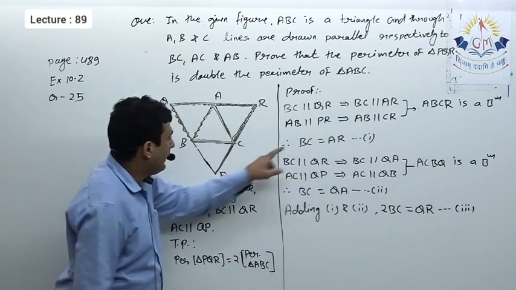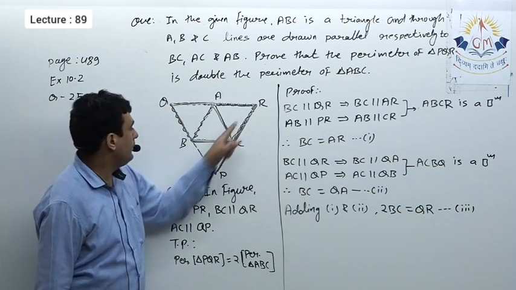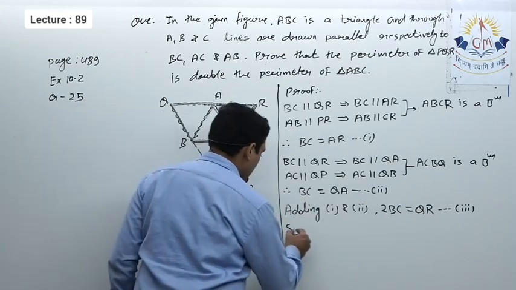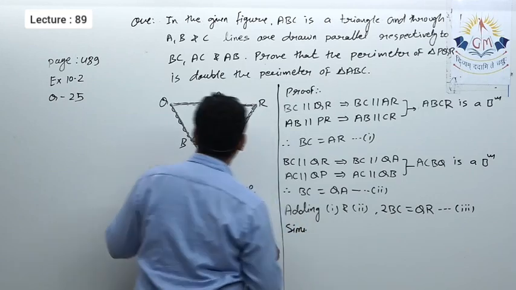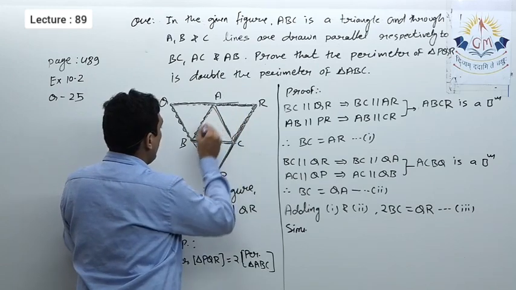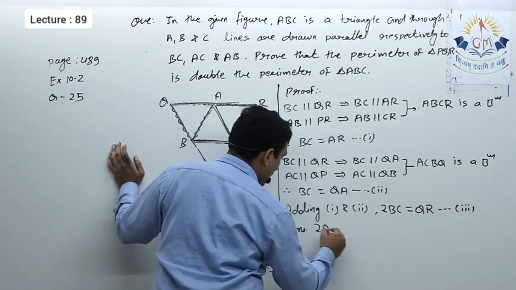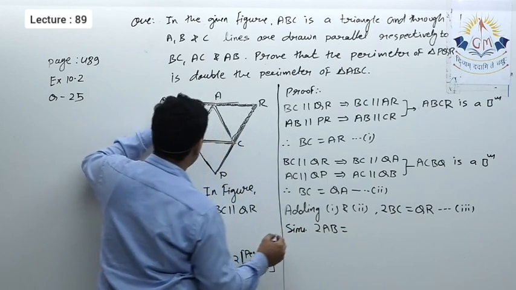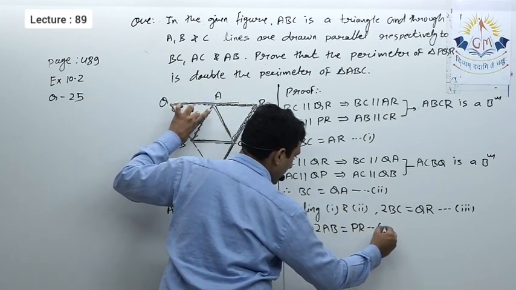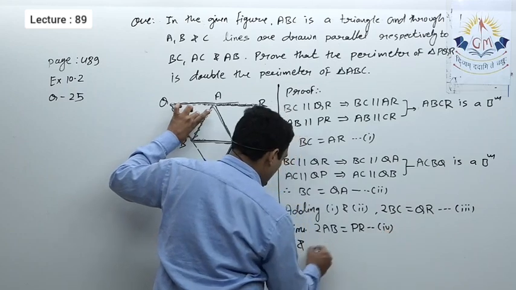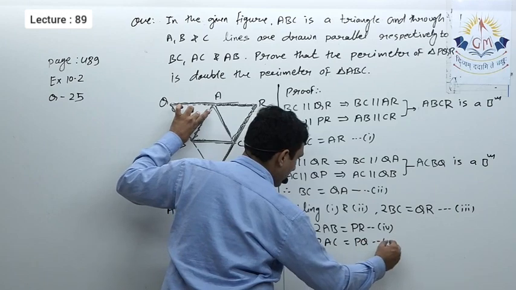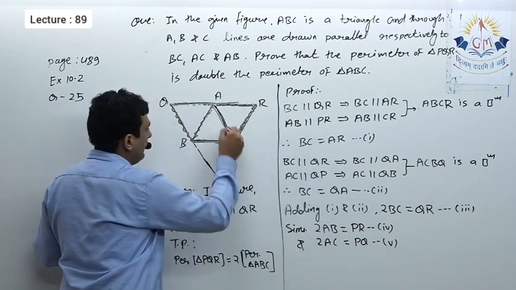Now similarly I can write twice AB is equal to PR. Let it be fourth. And twice AC is equal to PQ. Let it be fifth, in the similar way.